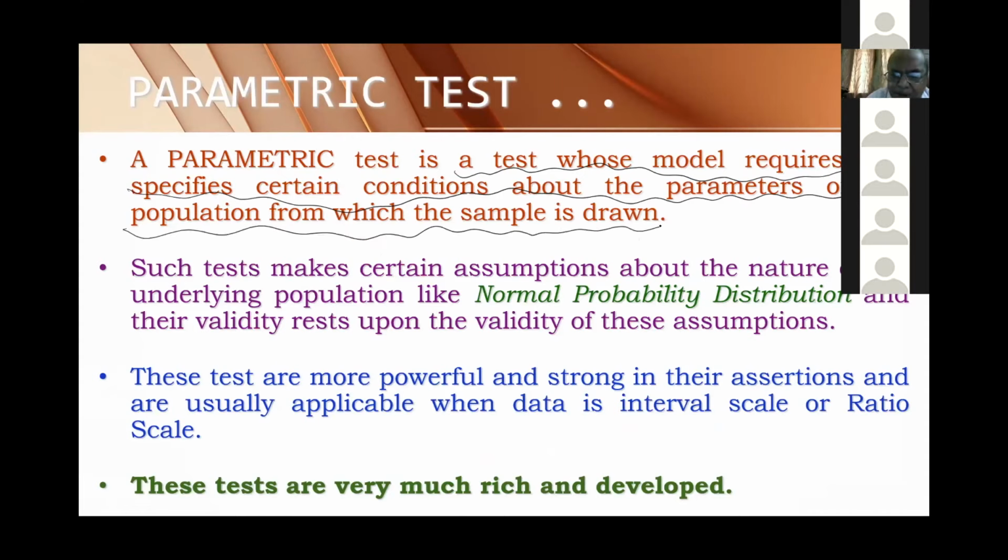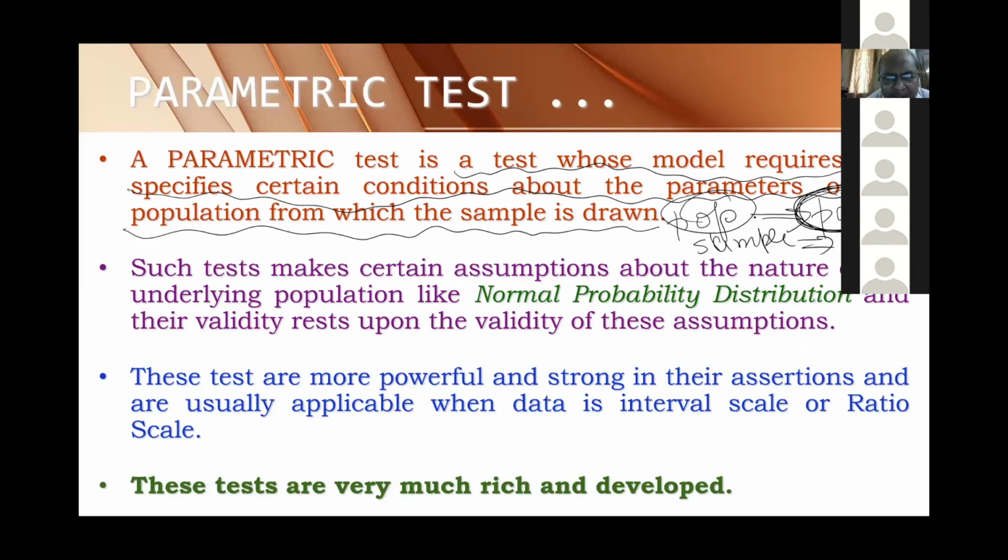Friends, please remember, anything which you estimate from population, we call it parameter. Anything that we estimate by using sample is called statistics. So if you make any assumption about population and its parameter, the test is called parametric test. Example, assumption about normal probability distribution, assumption that population standard deviation is known.